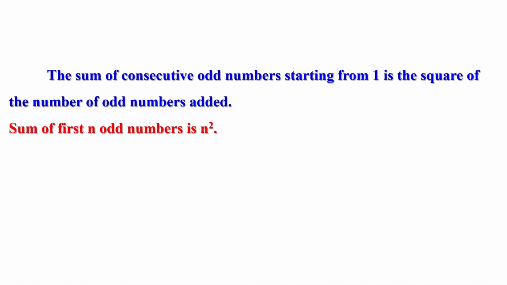So we have seen that sum of n natural numbers is n into n plus 1 by 2, where you can take n as the last number or number of terms. But sum of n even numbers is n into n plus 1, where n is the number of terms. And sum of the first n odd numbers is n square, that is the number of terms is n.